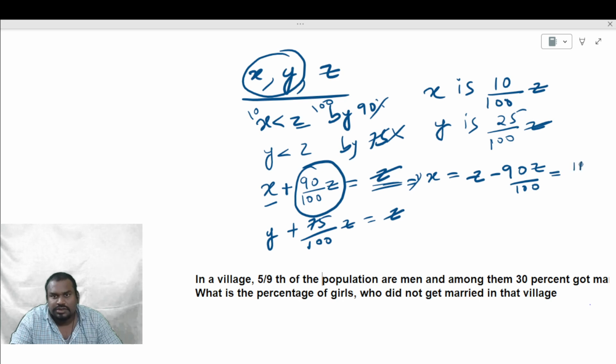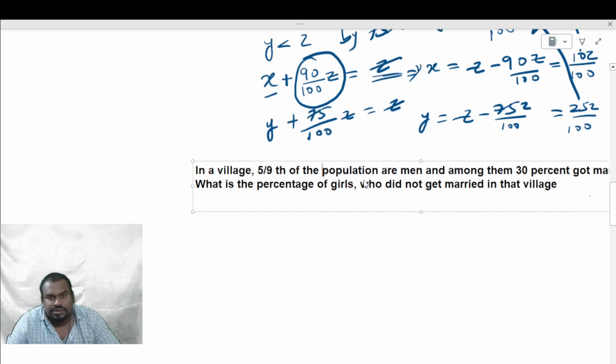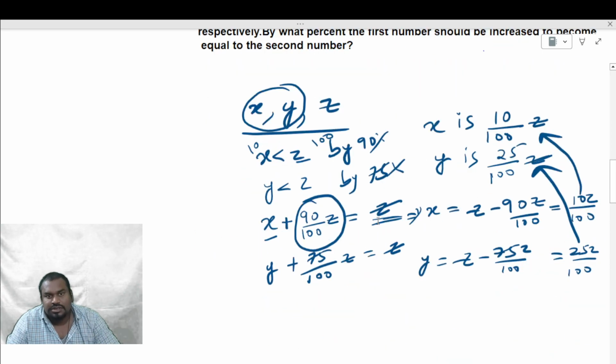So this is equal to 10Z by 100. The same thing I got here. Same way, Y is equal to Z minus 75Z by 100, which equals 25Z by 100. So it is the same as this. Now you got X and Y values in terms of known parameters. How can you use them?